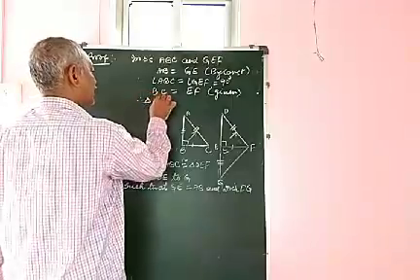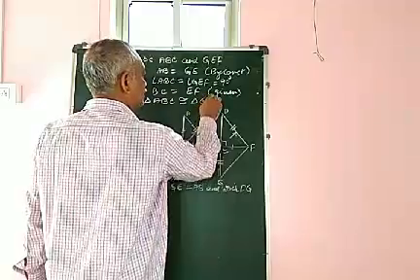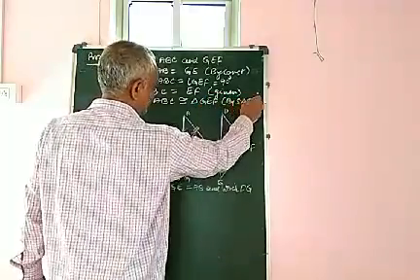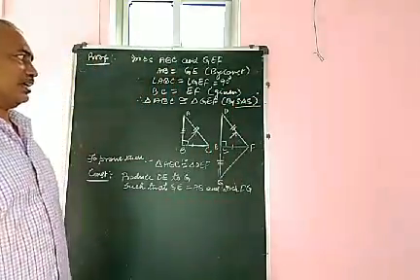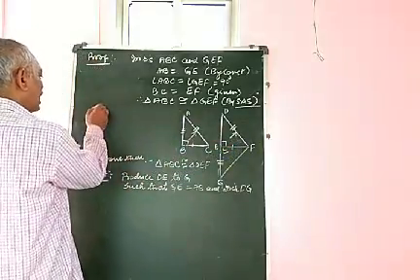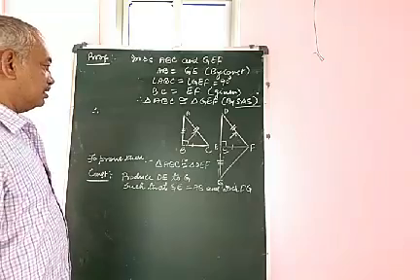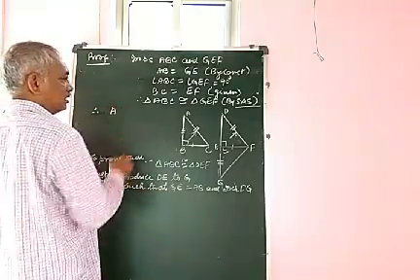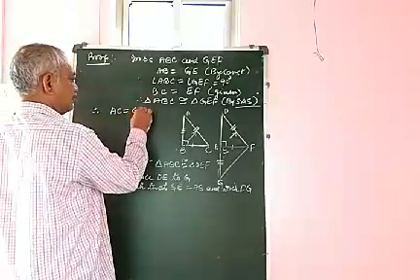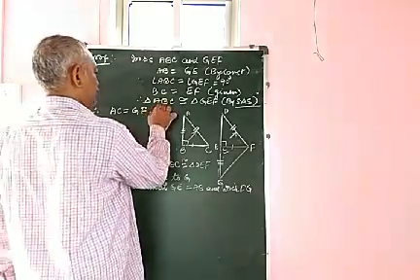Therefore, triangle ABC is congruent to triangle GEF by the SAS congruency condition of triangles. Therefore, AC is equal to GF by CPCT.